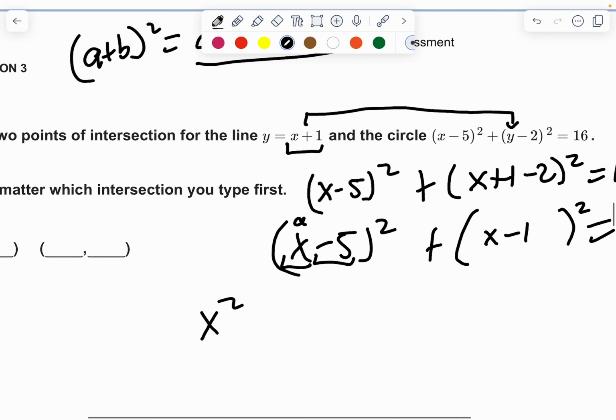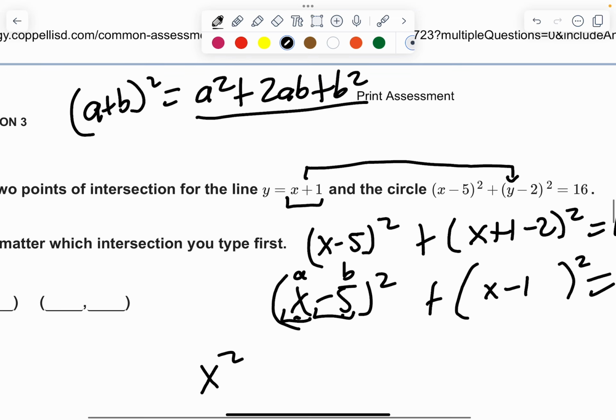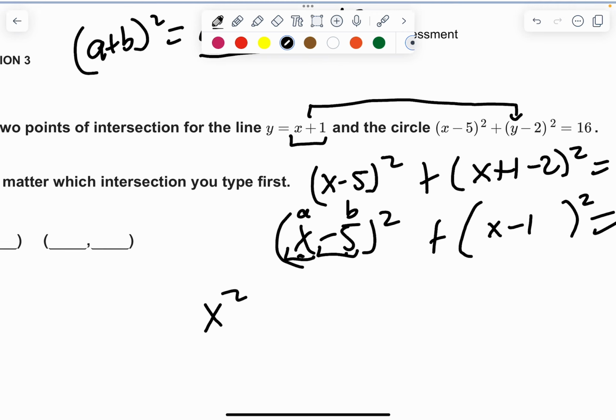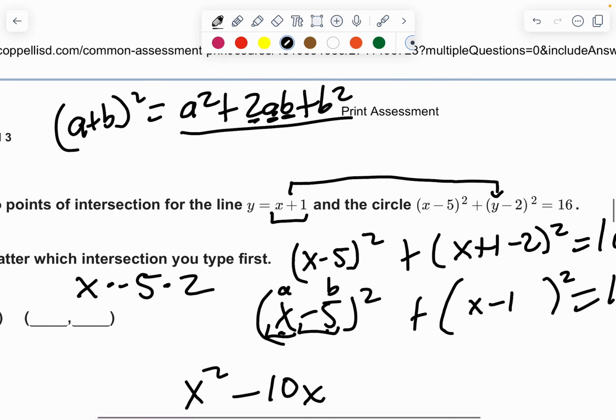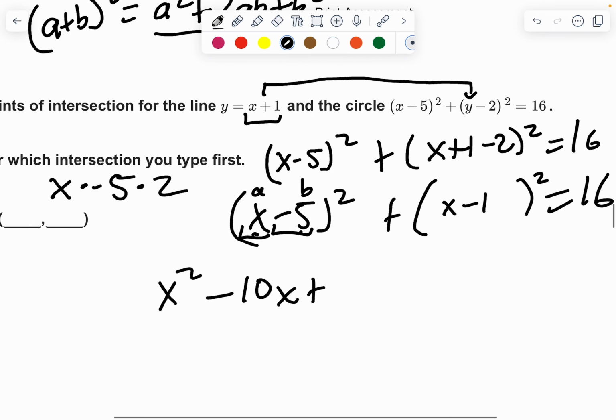So a squared, and then it is a times b times 2. X times negative 5 times 2 is minus 10x. And then it's plus b squared, which would be plus 25. Then we do it all over again over here.